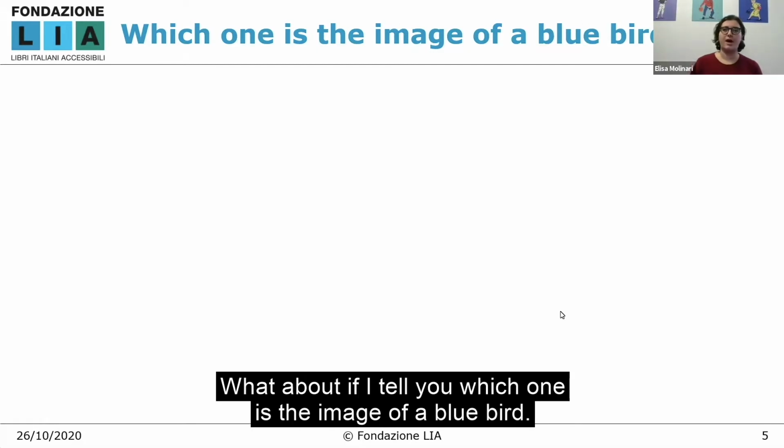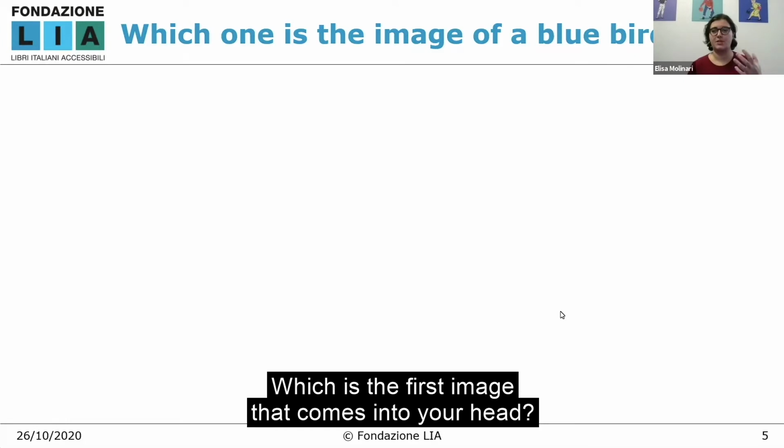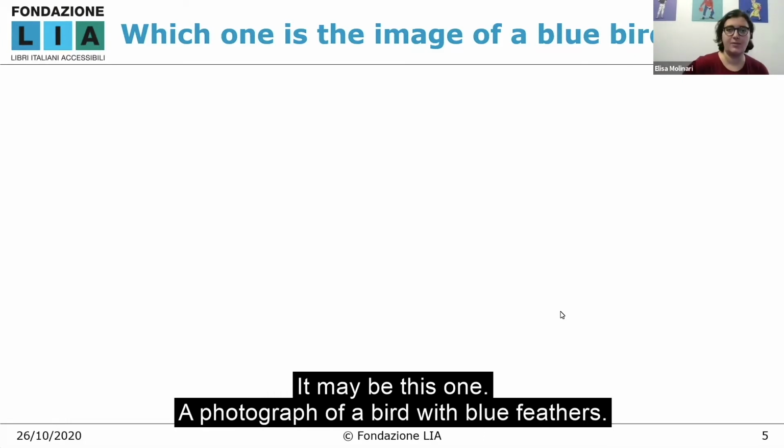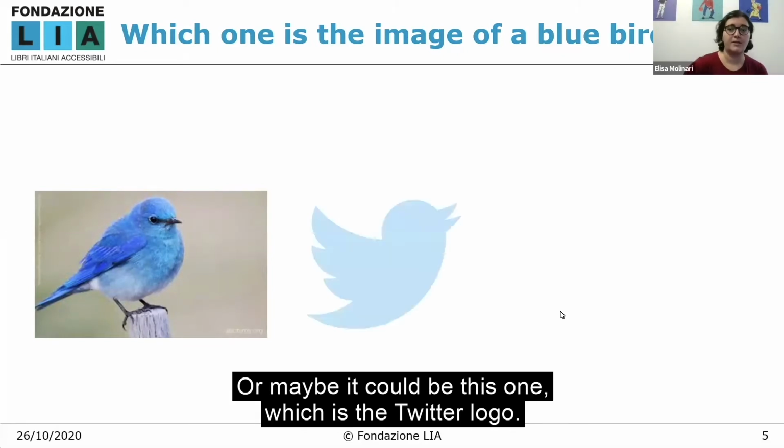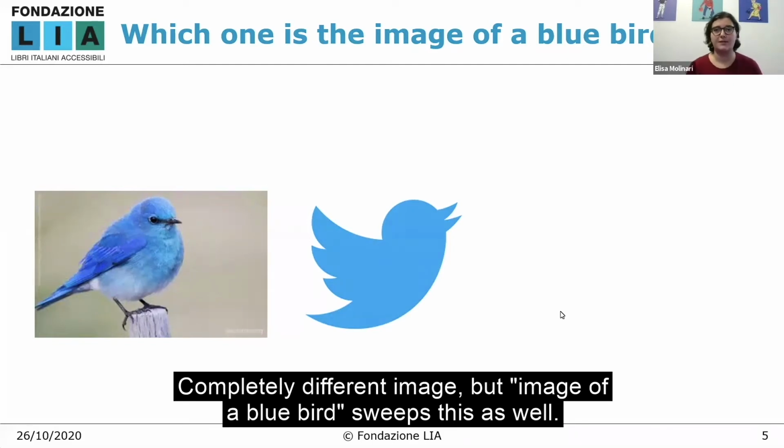So what if I tell you to picture the image of a blue bird? What is the first image that comes into your head? It may be this one, a photograph of a bird with blue feathers, or maybe it could be this one, which is the Twitter logo, a completely different image, but the image of a blue bird suits this as well.